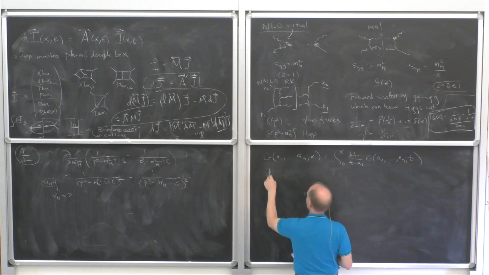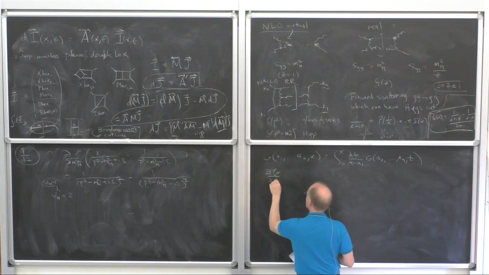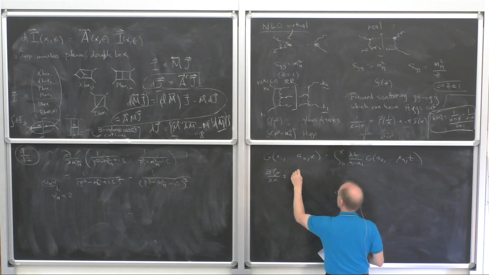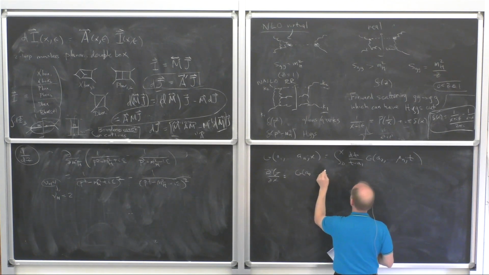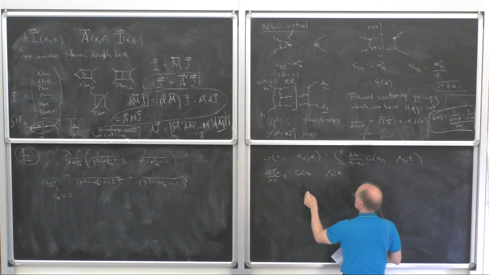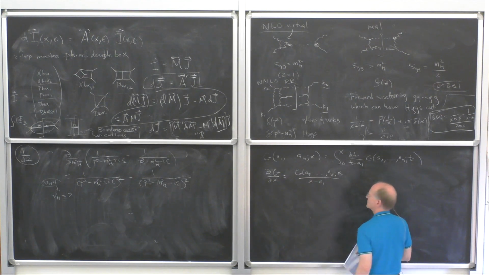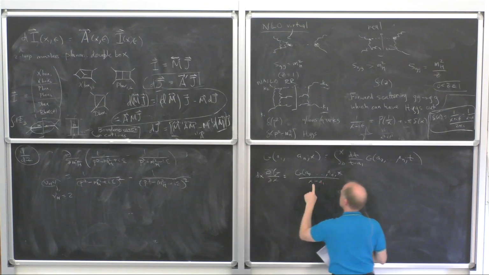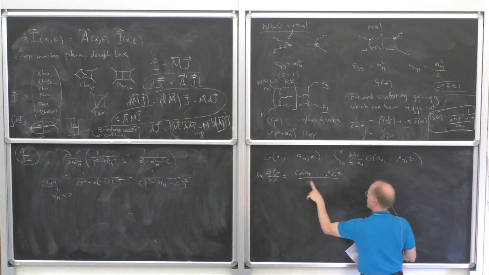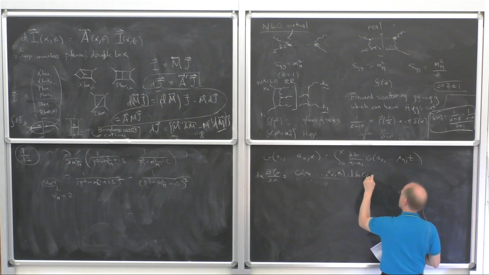If you differentiated this with respect to x, you would get another G, with the first index removed, divided by x minus A1. Or we could multiply this by dx, and this would be dx over x minus A1, which is d log of x minus A1.